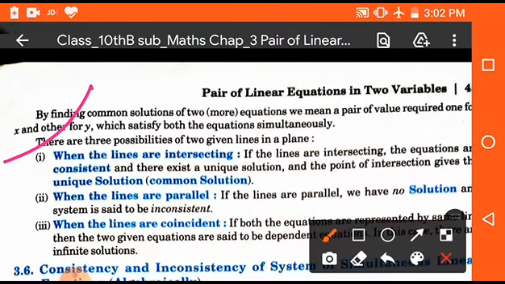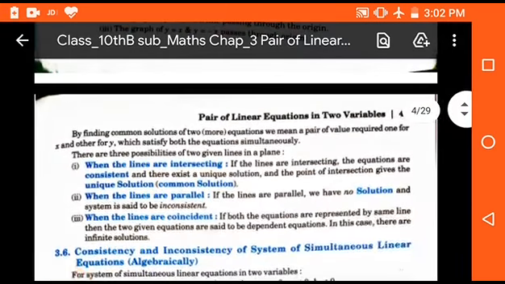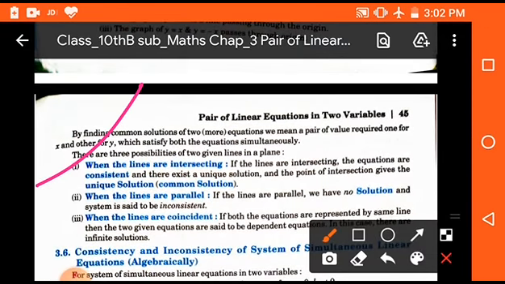There are three possibilities for two given lines in a plane. First, when the lines are intersecting, the equations are consistent. That means we will get a solution of these two equations, there exists a unique solution, and the point of intersection gives the unique solution of the given two lines.